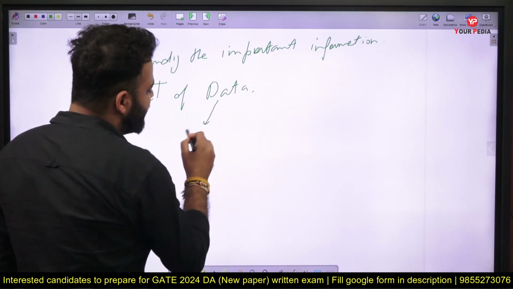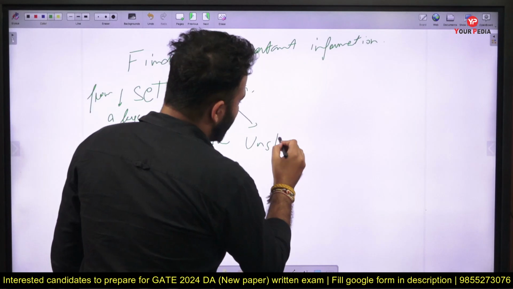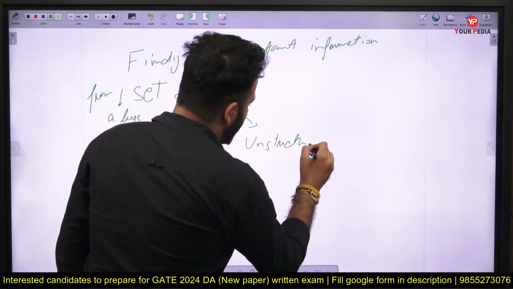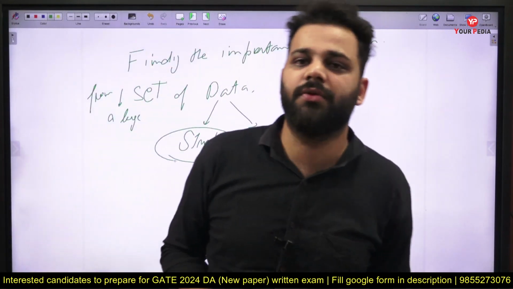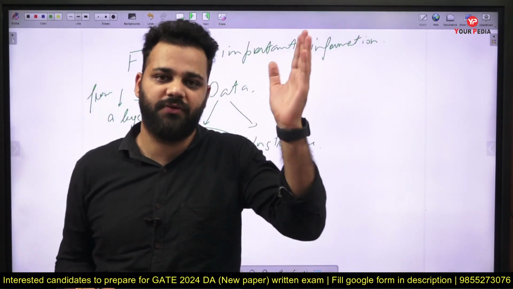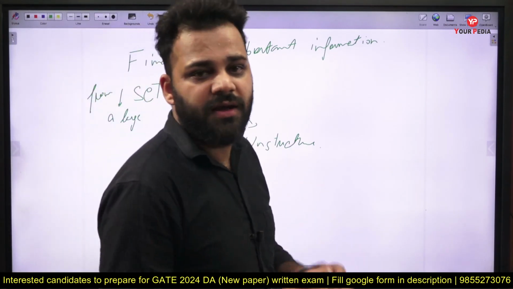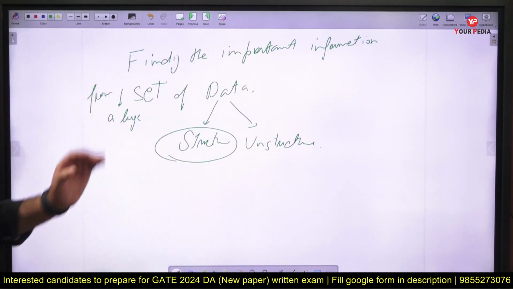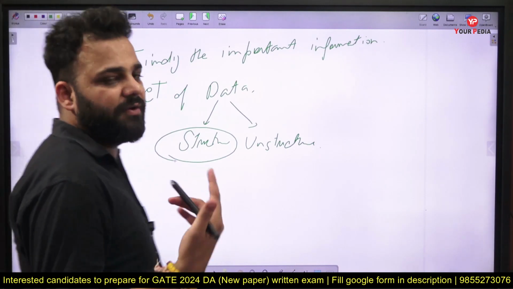Now that data can be structured and that data can also be unstructured. Structured means that data will be labeled, that this is the data of customers who bought a phone, or there will be labels to it. Unstructured data will be unlabeled. So this is what data science is, finding the important information from a large set of data.